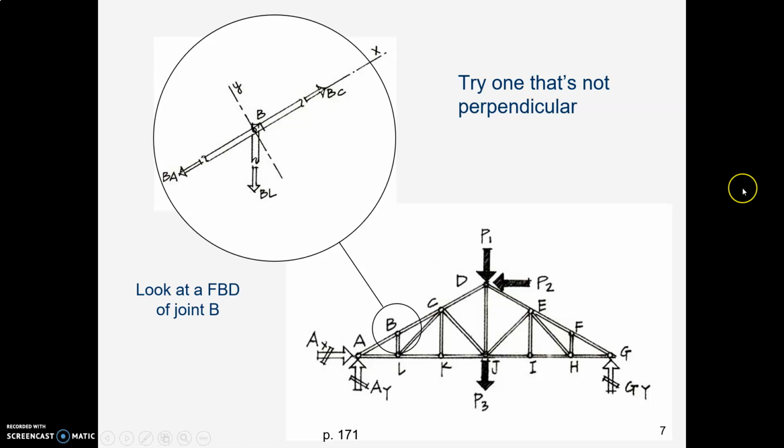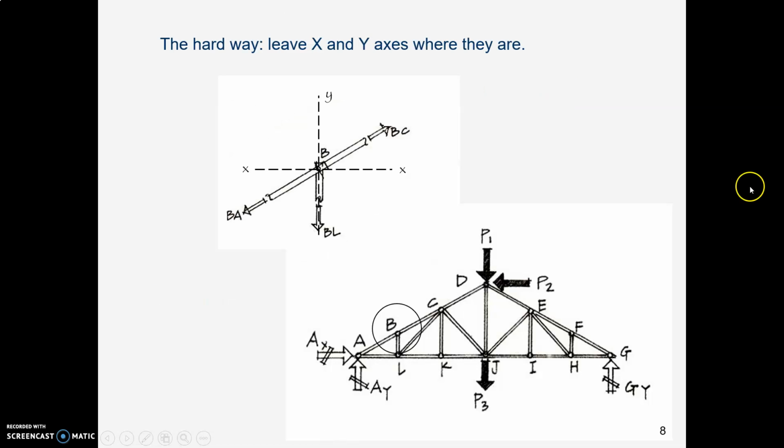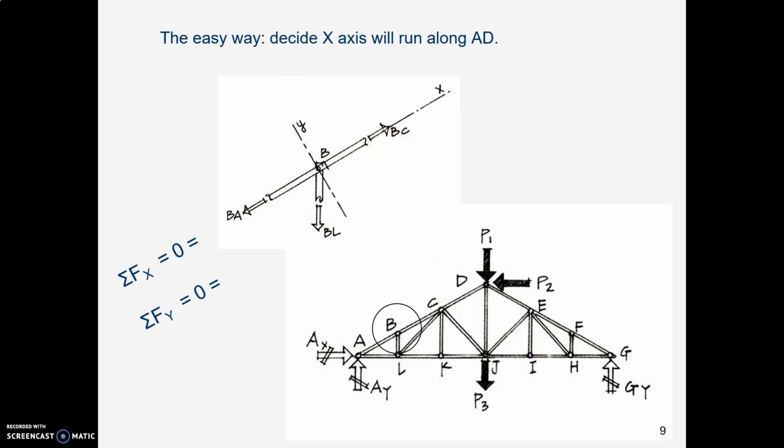Now this is a little trickier because it's at a slope. And you could leave your x and y axes where we normally have them in our 0 and 90 direction. But you don't have to. You get to decide where you want to put your x and y axis. You can put it any place you want to. So why don't we put them parallel along the axis of this sloping bar?